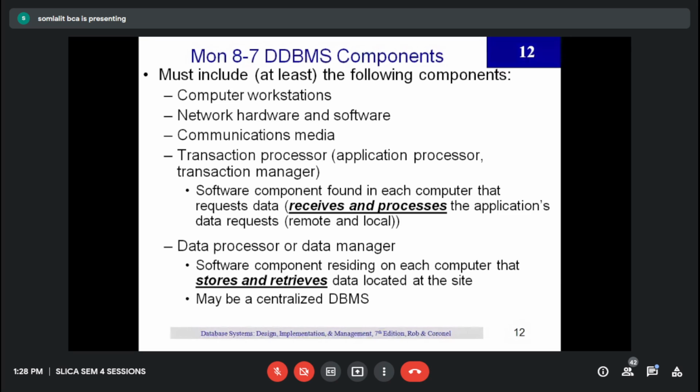What do you mean by database fragment? क्या होता है database fragment? अभी हमने बात की है. Tell me what is a database fragment?